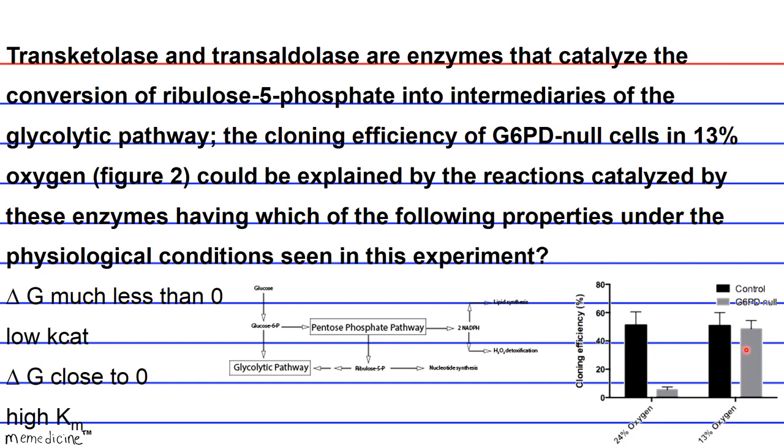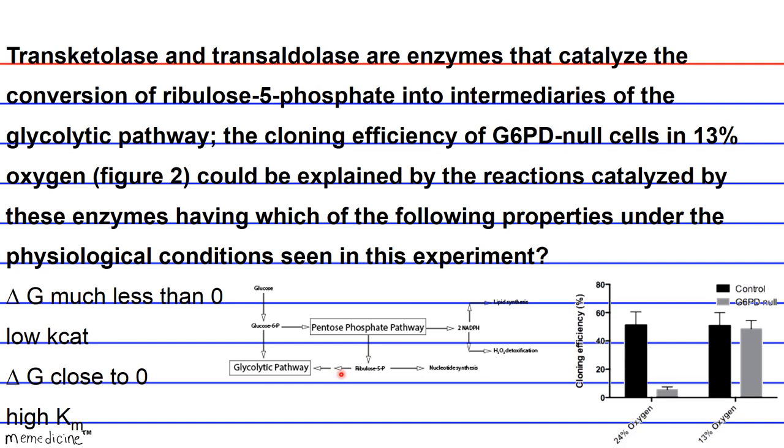Which implies that nucleotide synthesis from ribulose 5-phosphate proceeds in the absence of the G6PD enzyme, okay? Something you would have to know is that reactions with delta G's close to 0, they're reversible.